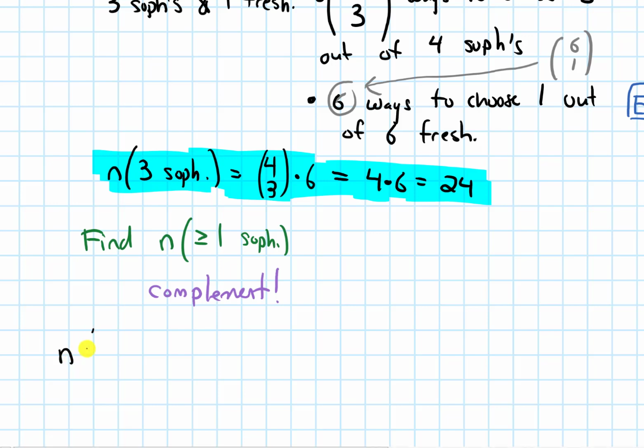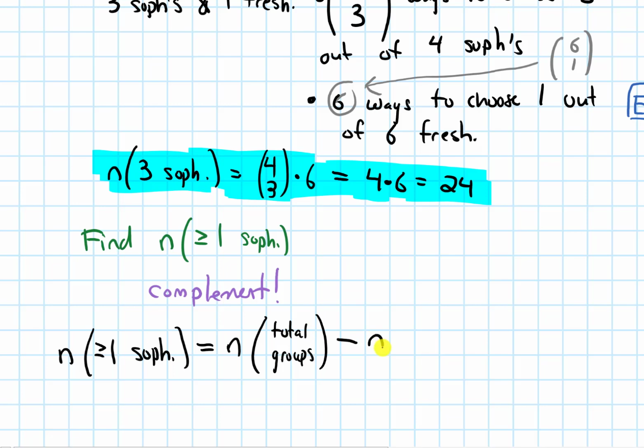So we want the number of ways to have at least one sophomore. If I use complements, this is equal to the number of total groups that we could form minus the number of things in the complement of this set. This set says I have at least one sophomore.